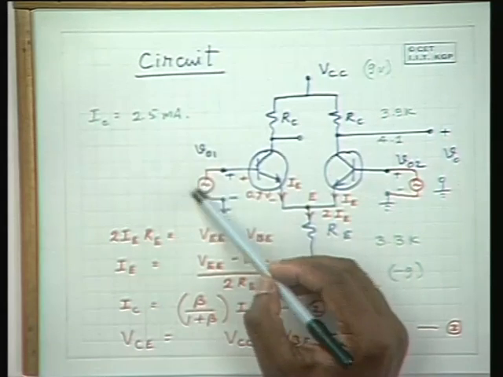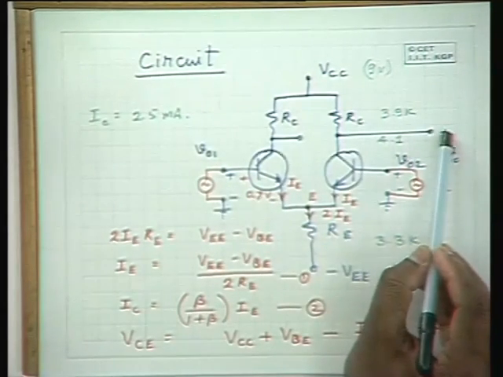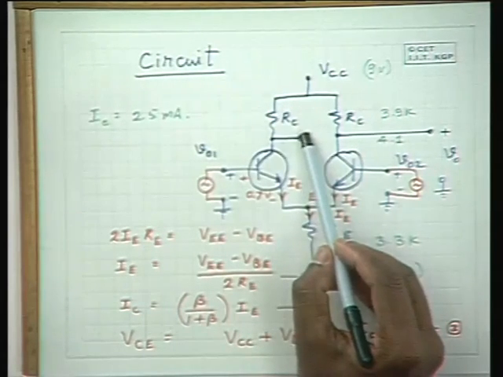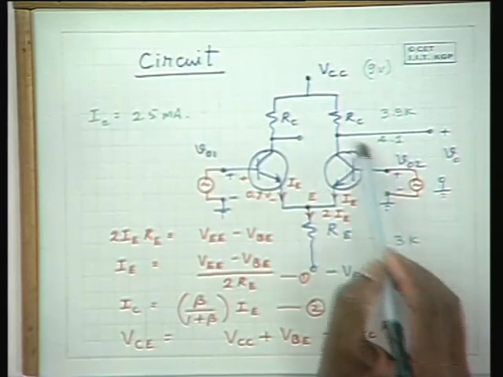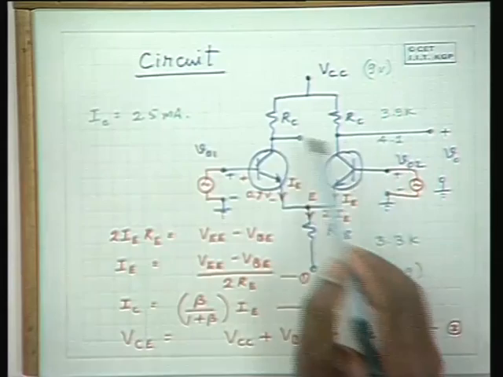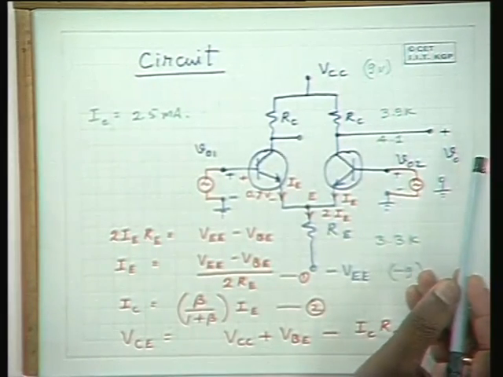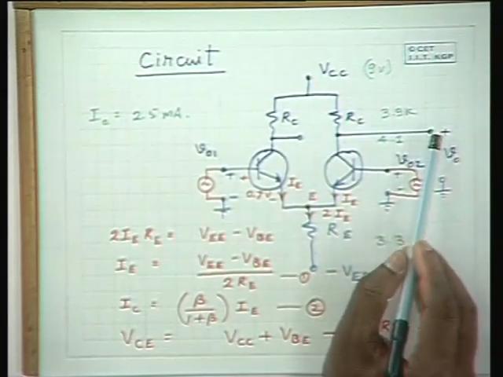For a voltage that is applied here, at this terminal it has a positive gain, and at this terminal it is a negative gain. Similarly, for a signal applied here, this has a negative gain, and at this point you have a positive gain. It works like a differential amplifier. Take, for instance, a single output.